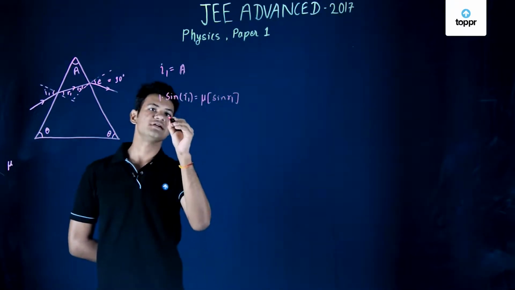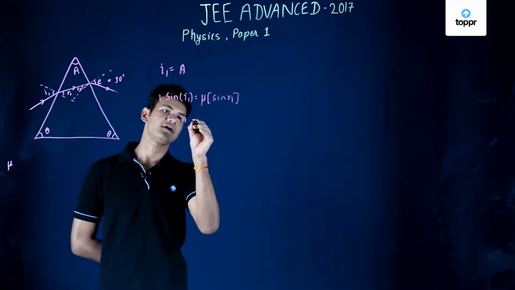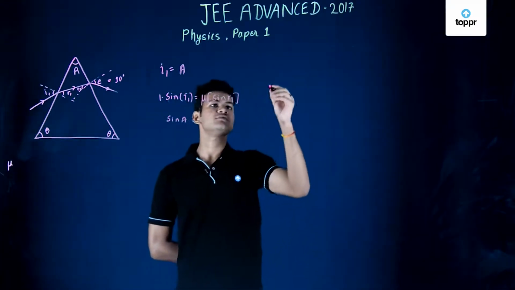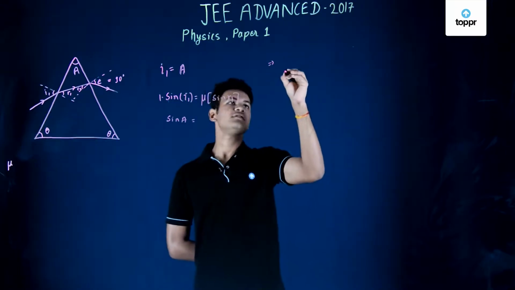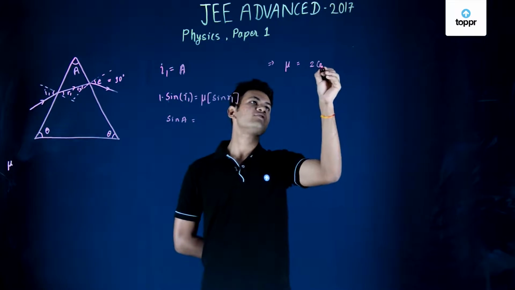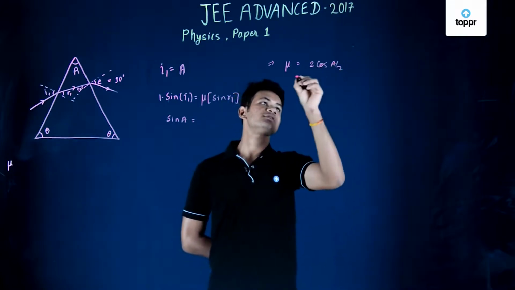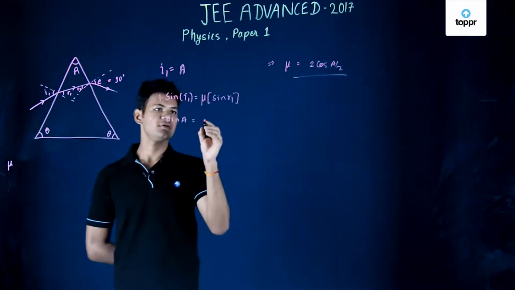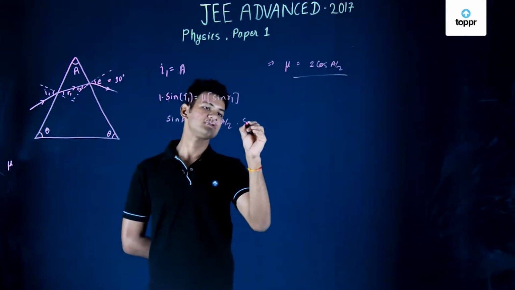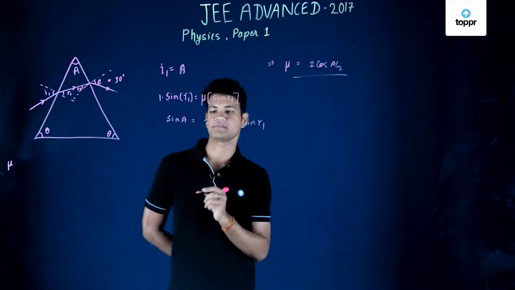Now I1 is given as A, so sine of A, and by the calculations which we used in option 2, we concluded that mu was equal to 2 cos A by 2. Now using that result, we can say 2 cos of A by 2 times sine of R1.